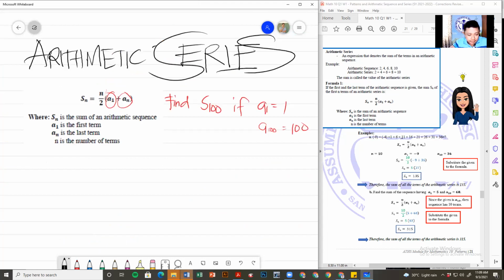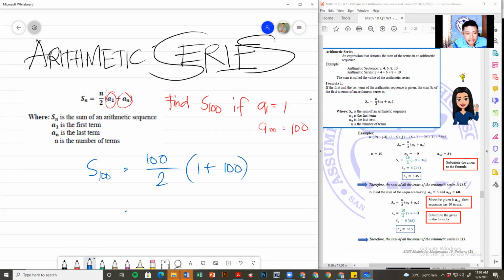So we have here S sub n is equal to n over 2 times a sub 1 plus a sub n. That's 100. Let me change S sub n to S sub 100 na. S sub 100 is equal to 100 over 2 times the first term, 1, plus the last term, 100.